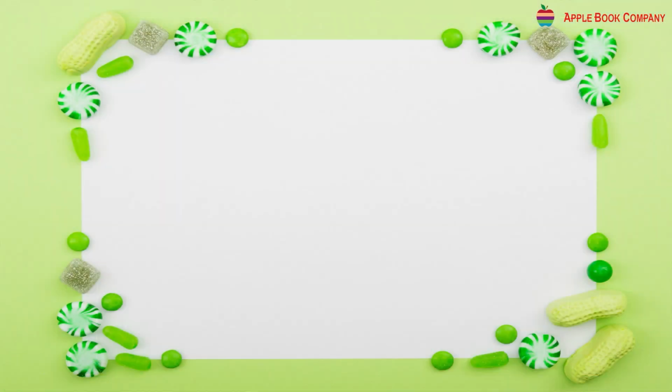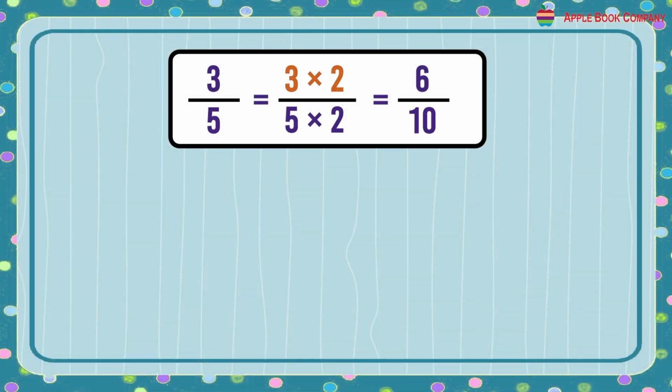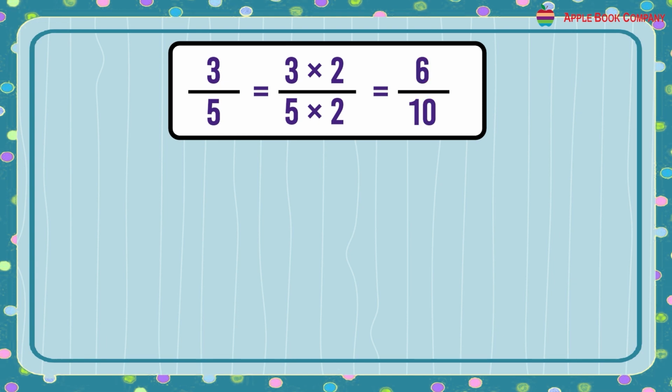Now let's learn equivalent fractions. If we multiply the numerator and the denominator of a fraction by the same non-zero number, we get an equivalent fraction. For example, draw a square and divide it into two parts by drawing a straight line in between. Shade one part.